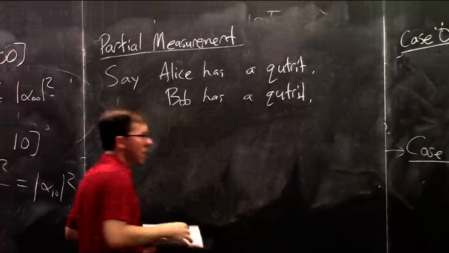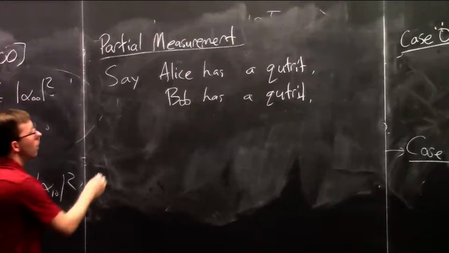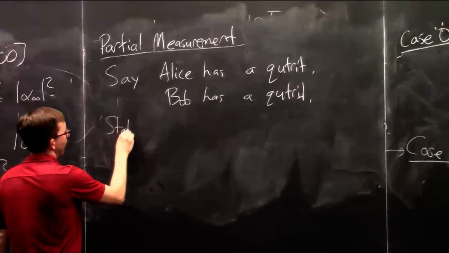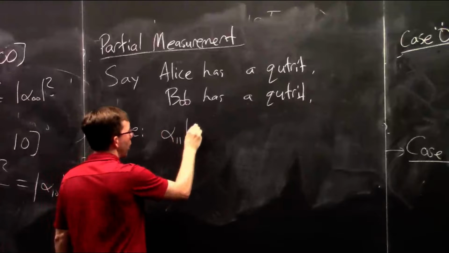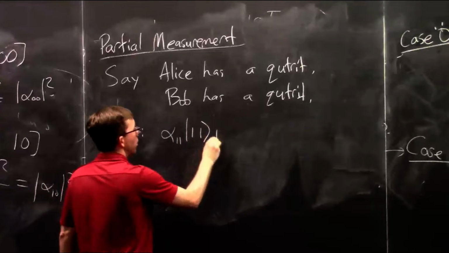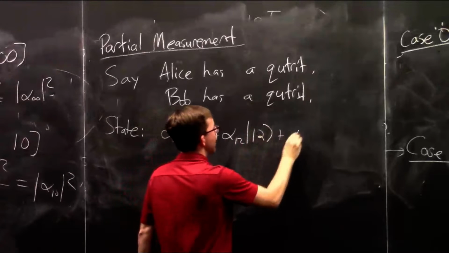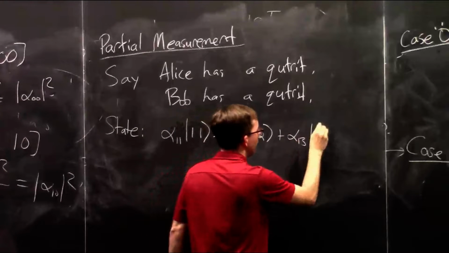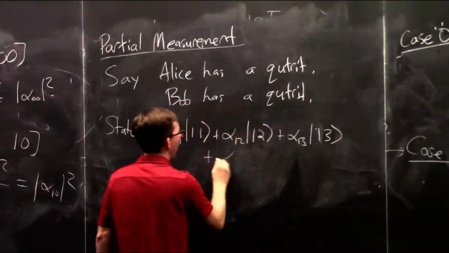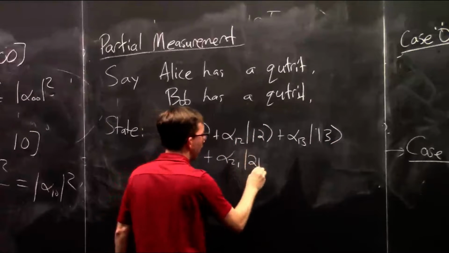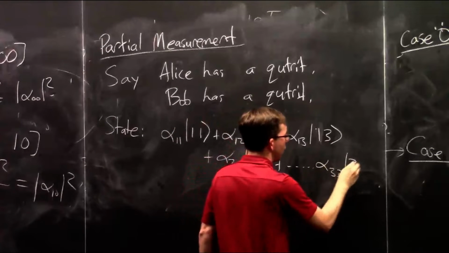But perhaps they've been through a lot together, so now these 2 qutrits are entangled, so their state will in general look like alpha 1,1 times |1,1> plus alpha 1,2 |1,2> plus alpha 1,3 |1,3> plus alpha 2,1 |2,1> plus dot dot dot plus alpha 3,3 |3,3>.